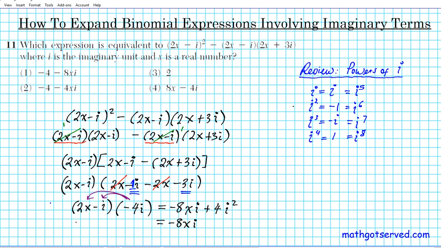So we're going to use our powers of i formula to simplify that. i squared is negative 1, so we replace i squared with negative 1. Then our final answer, written in the standard form for complex numbers, is negative 4 minus 8xi.